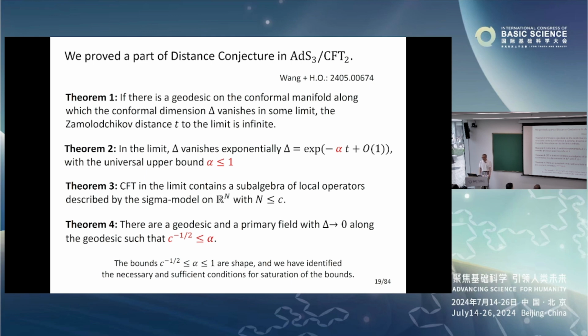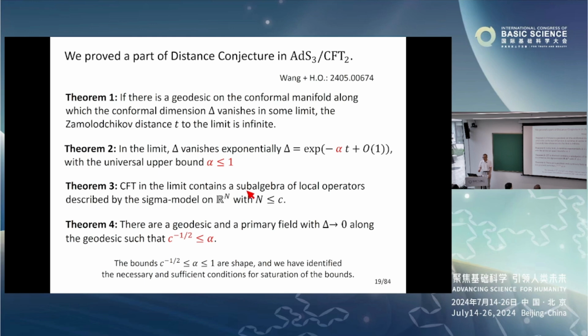First, if there is a geodesic on the conformal manifold along which a conformal dimension vanishes in some limit, the distance to that limit is infinite. And in that limit, the conformal dimension vanishes exponentially, as expected from the distance conjecture, and we can put an upper bound on alpha.